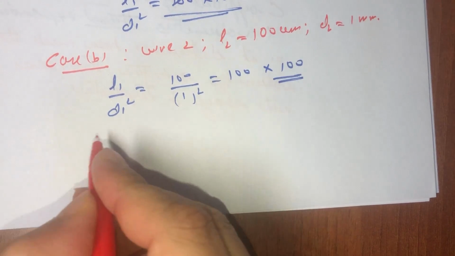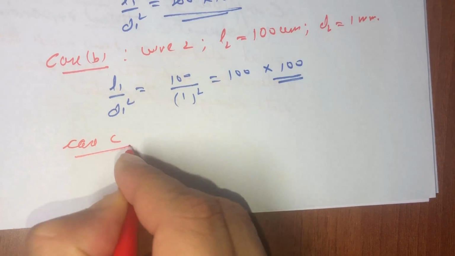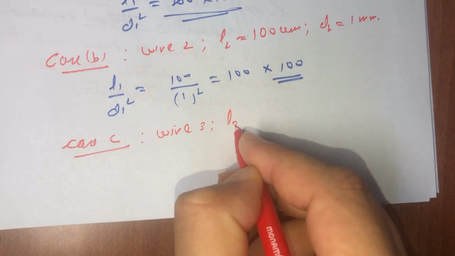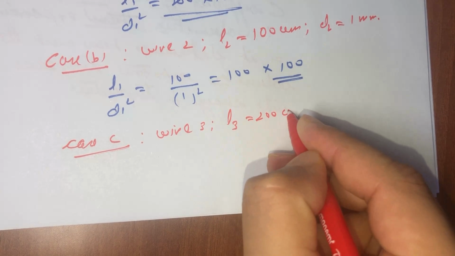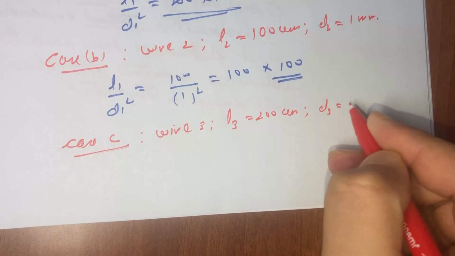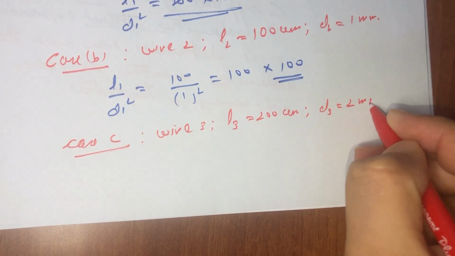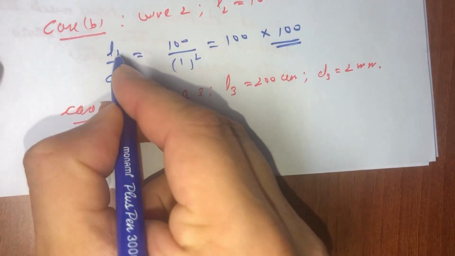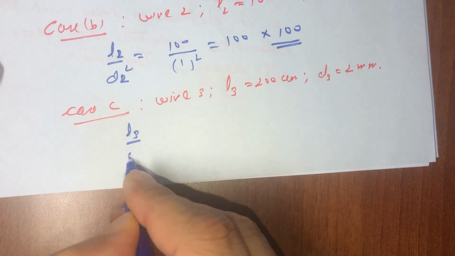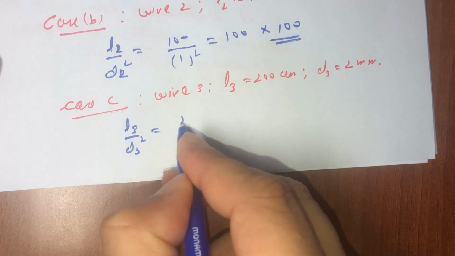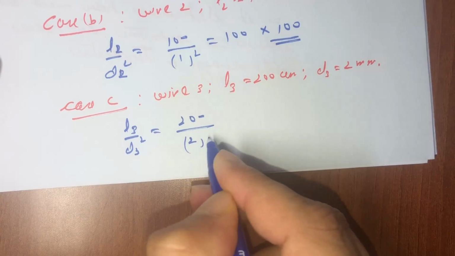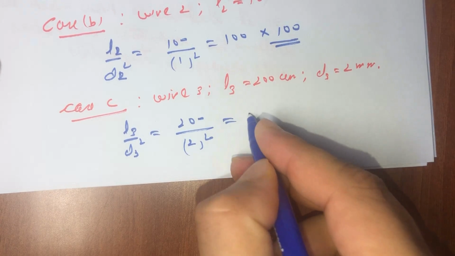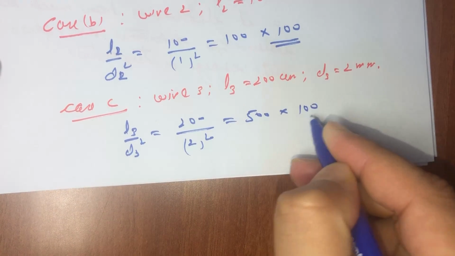Now we come to case C, that is our wire 3. We have L3 of 200 centimeter and D3 is 2 millimeter. So we get the ratio L3 and D3 square is equal to 200 divided by 2 whole square, and this will be equal to 50 and multiply by 100.